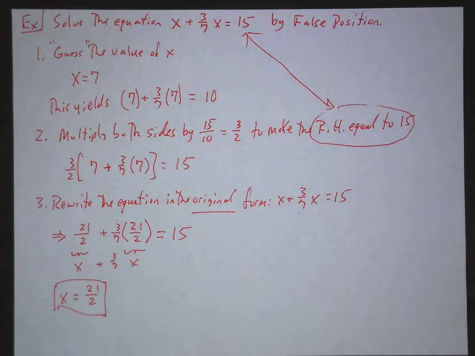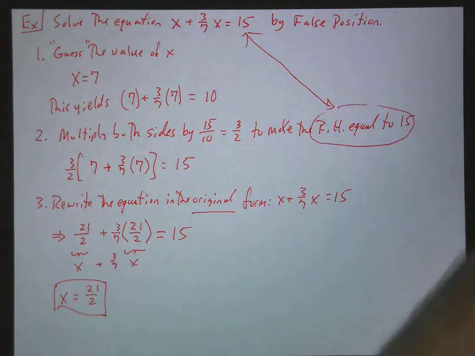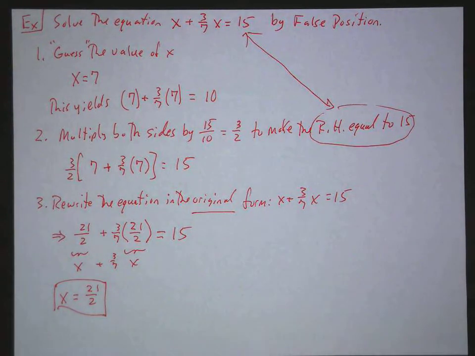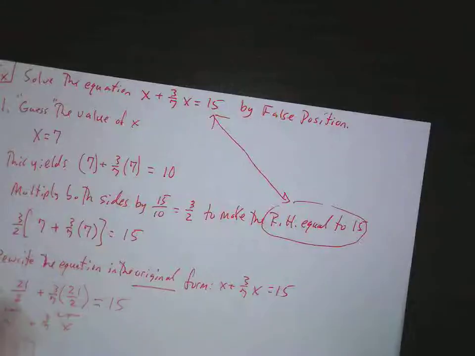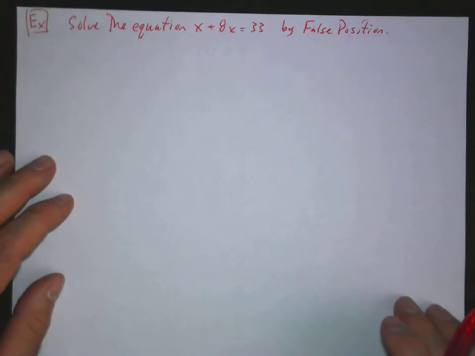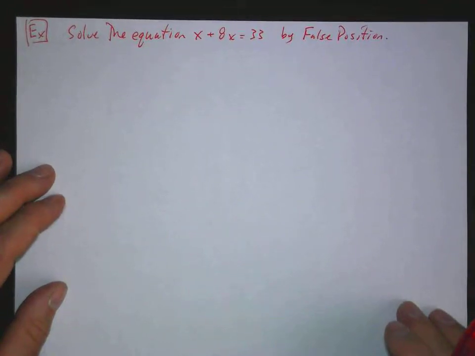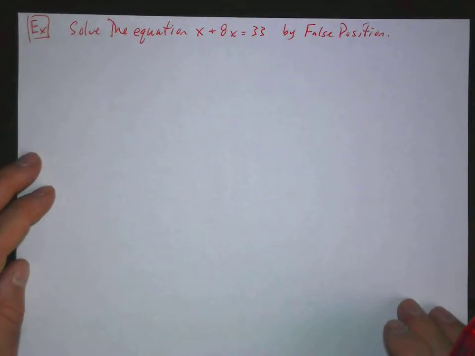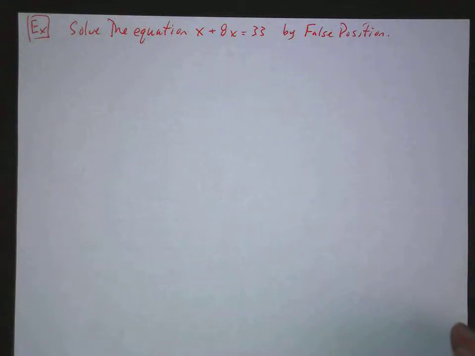Now let's look at one more false position exercise. And we wouldn't normally think of this as being false position because we don't really have any fractions, but really any whole number is a fraction.